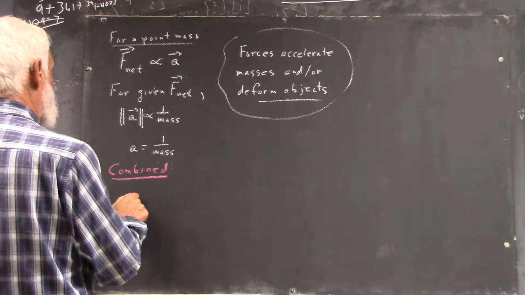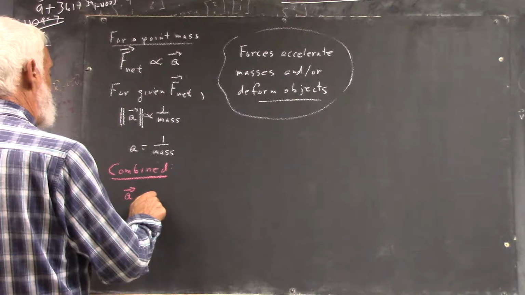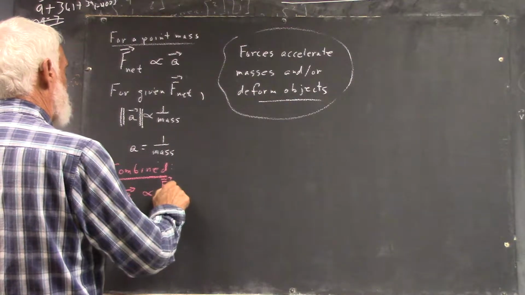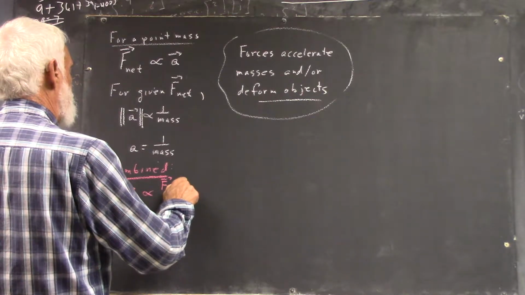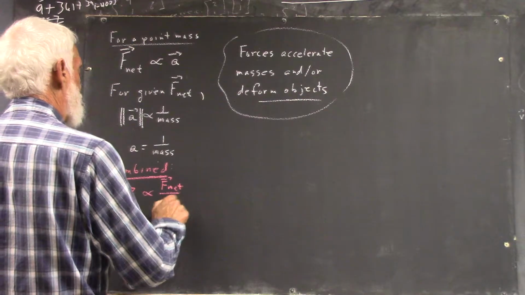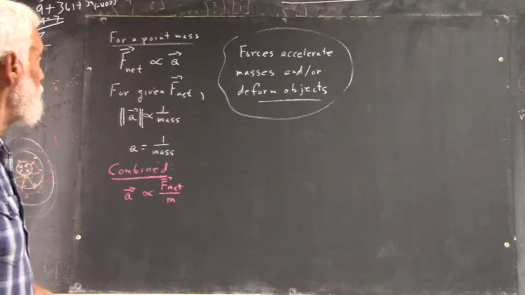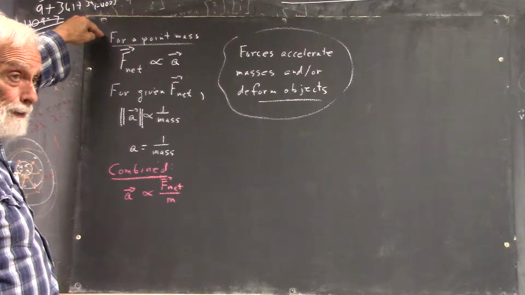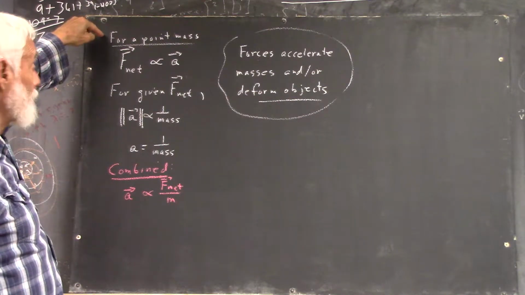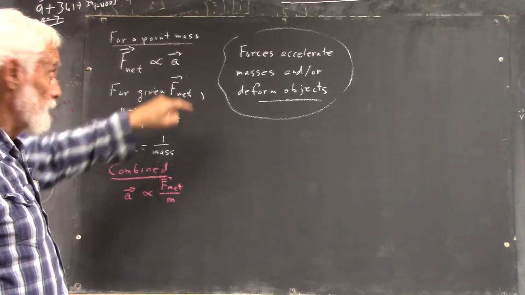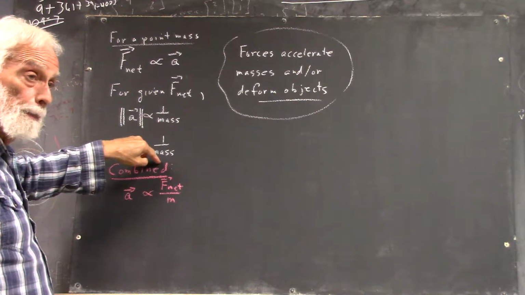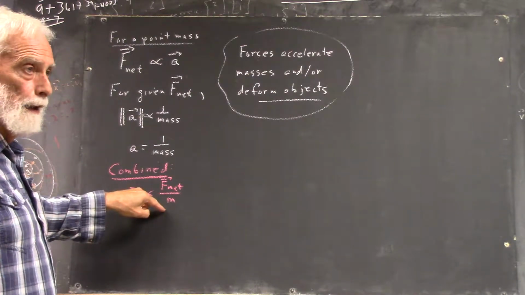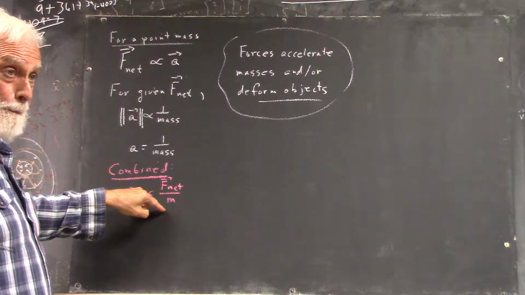This tells us that A is directly proportional to the net force divided by the mass. Since A is directly proportional to the net force for a given point mass, for a mass that isn't changing, and if you change the mass but don't change the net force, the acceleration is inversely proportional to mass. Acceleration has to be directly proportional to net force and inversely proportional to mass.